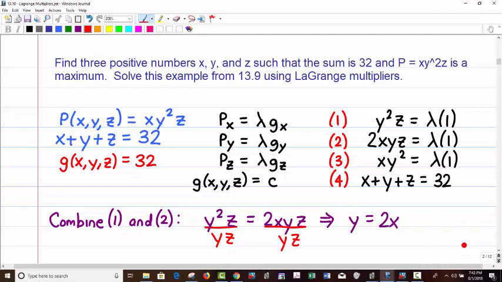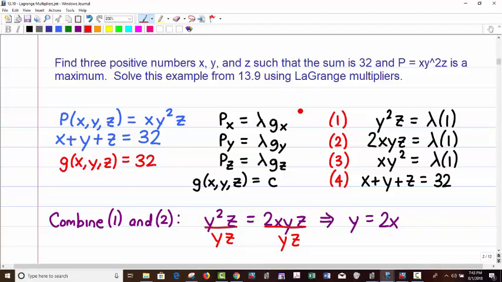One thing I'll mention, mathematically speaking, is that it's not a good idea to divide by variables when you're solving equations. That's something you shouldn't do, because you lose solutions where they equal 0. But that's okay in this case because it says 3 positive numbers.